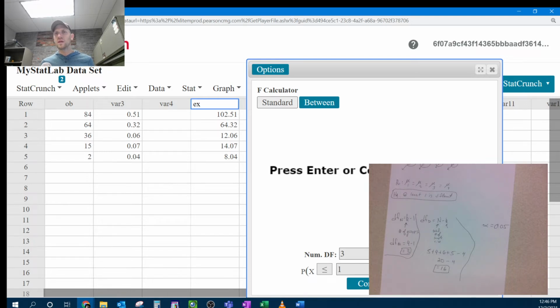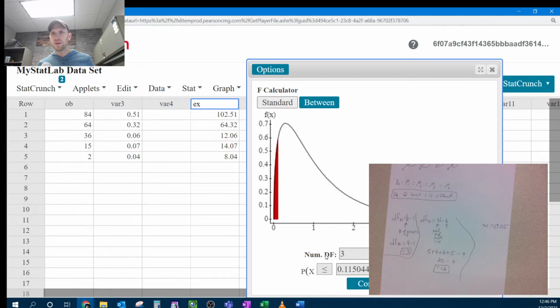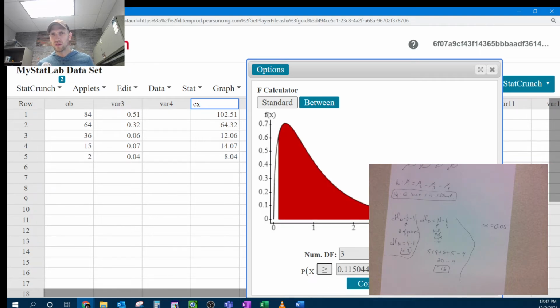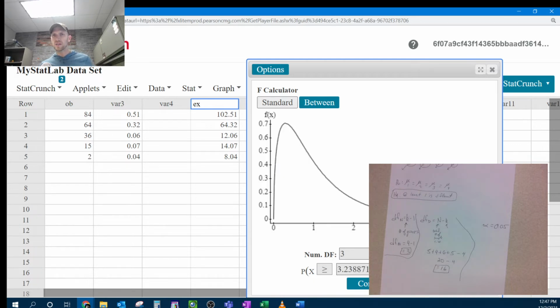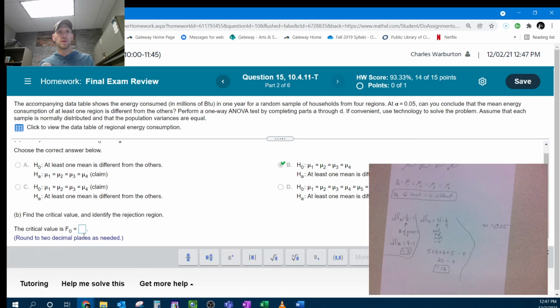And then we want our alpha value to be 0.05. That will give you the total area, 0.05, out on the tail. I want that out on the tail, please. Okay, there it is. There's my critical value, to two decimal places.